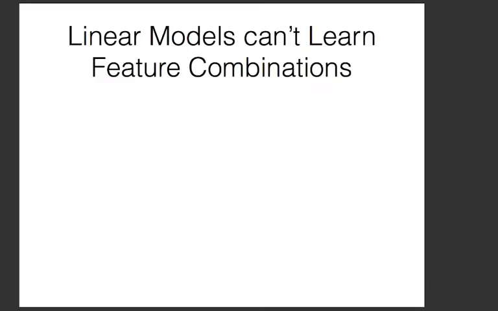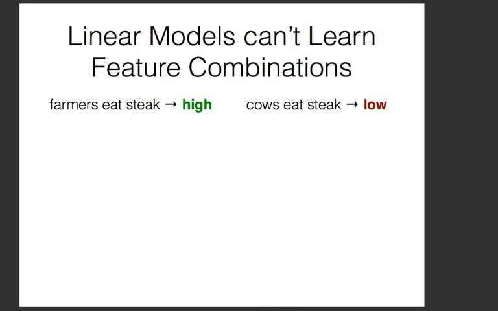Another reason why is because linear models can't learn feature combinations in a trivial way. So let's say we have farmers eat steak. This is a pretty high probability sequence. Cows eat steak is a pretty low probability sequence, hopefully. Farmers eat hay is a low probability sequence maybe, and cows eat hay is higher probability.